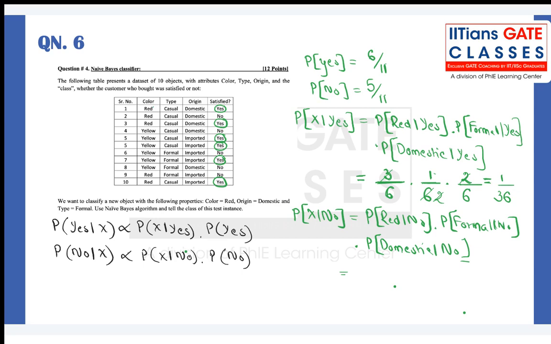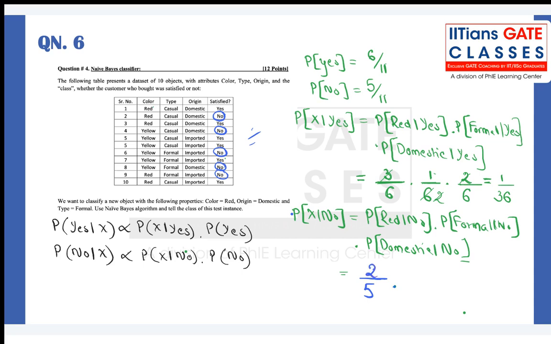For that, what you will have to do is look at all the instances where there is no. There are 5 instances where there is no. Out of those 5 instances, you can see that only 2 have a color of red.